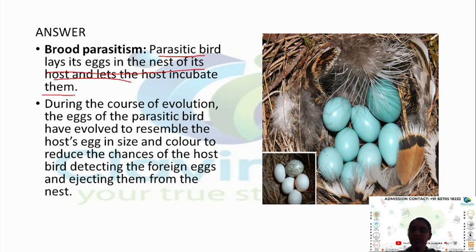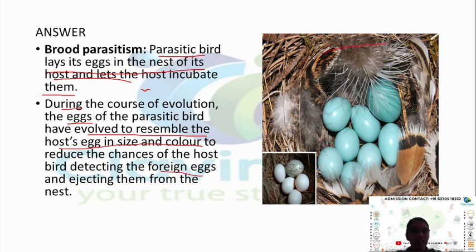For example, we have cuckoo and crows. The cuckoo lays its eggs in the crow's nest and the crows incubate the cuckoo's eggs. The eggs of the parasitic bird evolved to resemble the host's egg in size and color, so that the host will not recognize the foreign eggs and will incubate them.